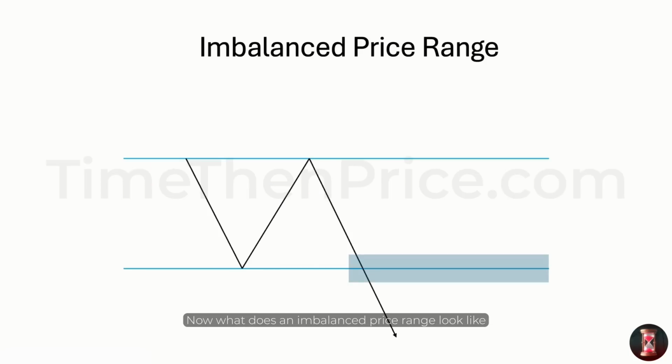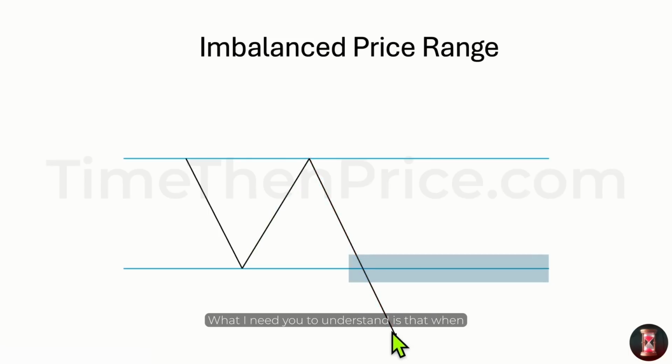Now, what does the imbalanced price range look like schematically, you might be wondering. Here we can see that I've drawn out a range high right here and a range low, represented by these blue lines. Inside of this range, you can see that price initially goes lower, then it goes higher, and then it goes lower and breaks through the range low.